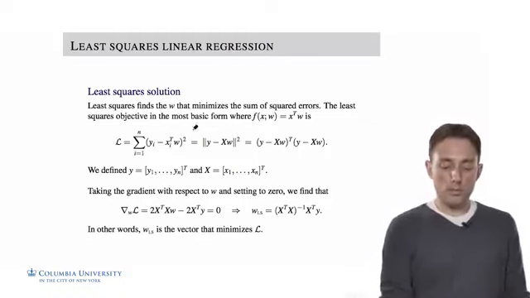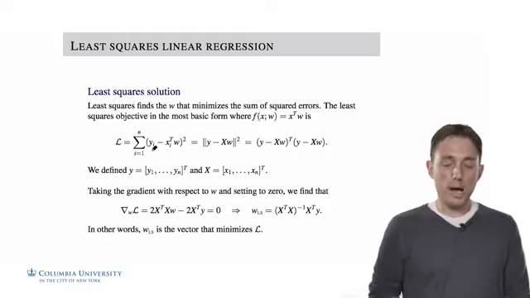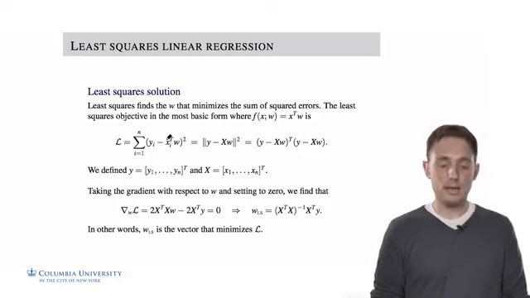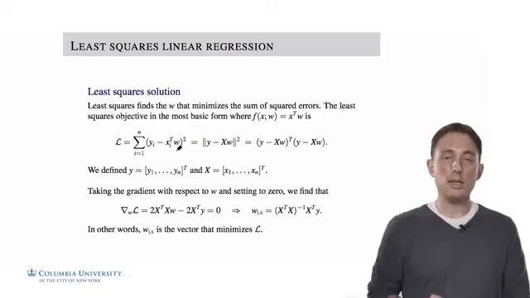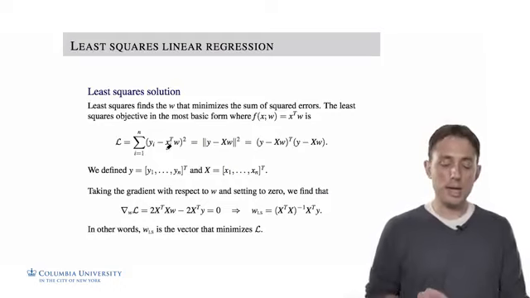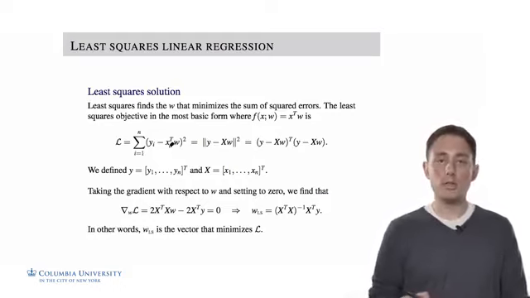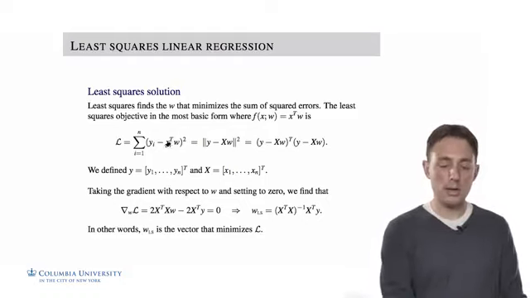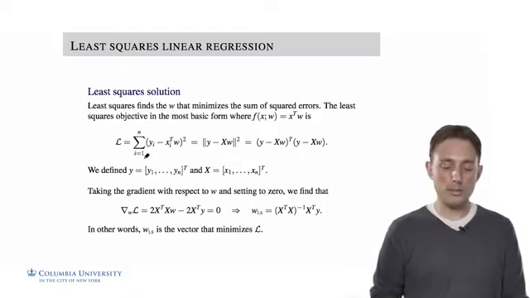So what we have is the output y_i is approximated as a dot product between the input x and the coefficient vector w in the simplest case. Last time we saw how this could actually be a nonlinear function of x, but for notation, let's just talk about vector x. And we take this error, square it, and sum it up over all of the data points that we have.